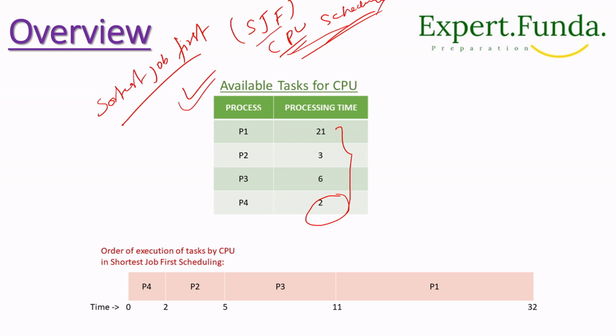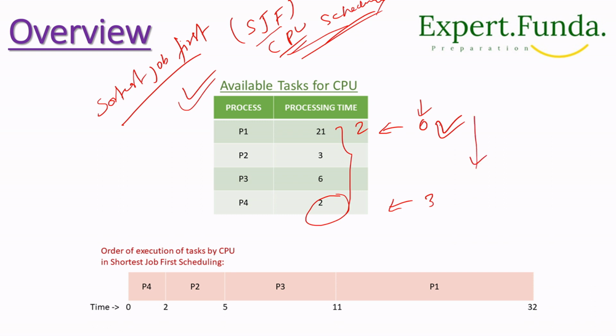It will check the index of each: if this one has index 0 and this one has index 3, it will choose the first. If the processing times are the same, it will choose the smaller index. So there are two concepts: first it checks the shortest, and if multiple tasks have the shortest processing time, it chooses based on the index, the task which arrived first.